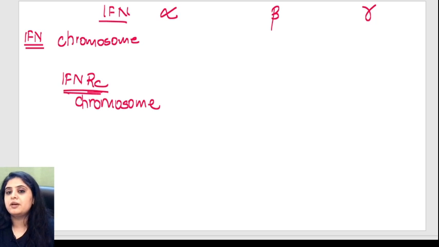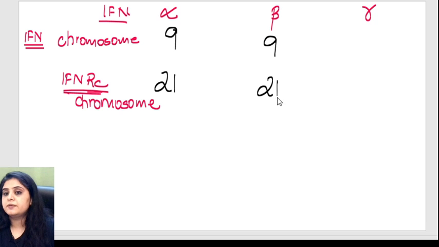It's a really tough one, I want you to note. So instead of learning this separately, learn it as a chart. 9, 9, 21, 21. So alpha and beta interferons are coded by chromosome 9 and their receptors are coded by 21. For gamma, just flip this 21, what do you get? 12. Flip this 9, what do you get?